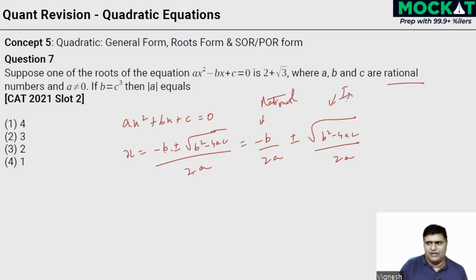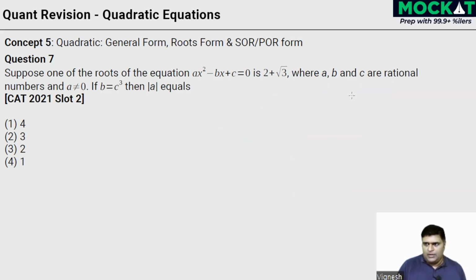This is going to be the irrational number. Which simply means if one root over here is 2 plus root 3, the other root is going to be 2 minus root 3. It's a rational number plus or minus an irrational number. If one is 2 plus the irrational number, the other is 2 minus the irrational number. We would be able to find the second root this way, provided all three a, b, and c are rational numbers. That's the logic.